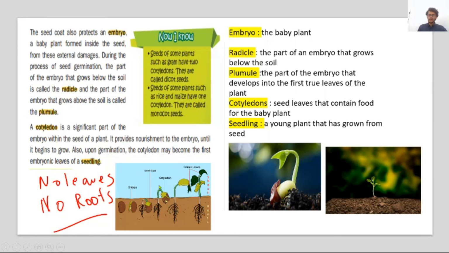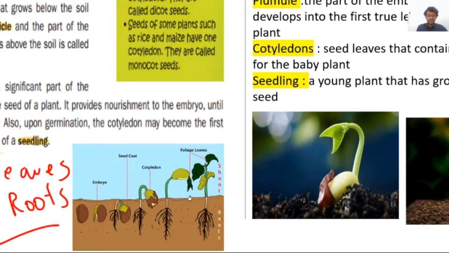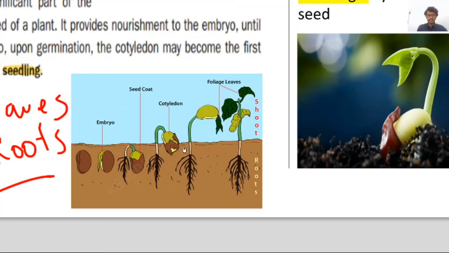What do you mean by embryonic leaves? Let's look at this diagram. This seed is growing, and you can see the green part. This green part is the cotyledon, but the cotyledon is the stored part, where food is stored.